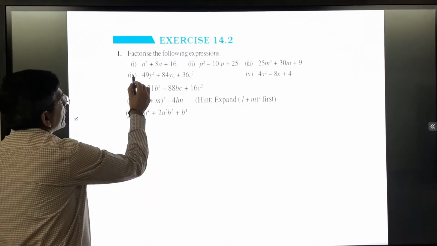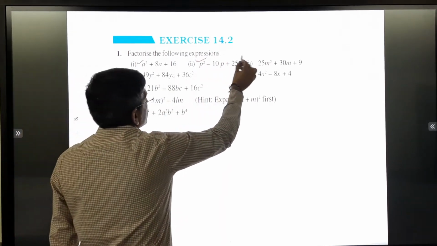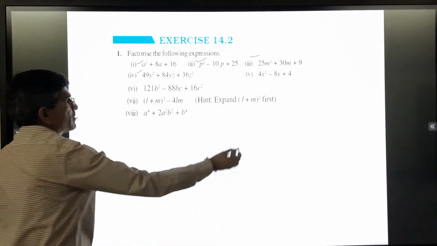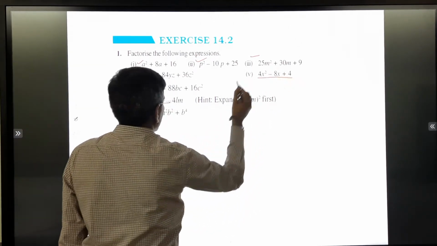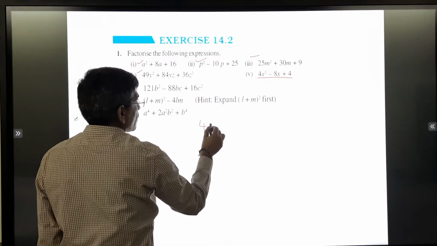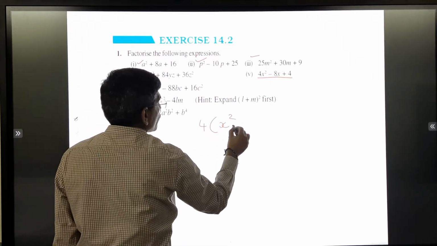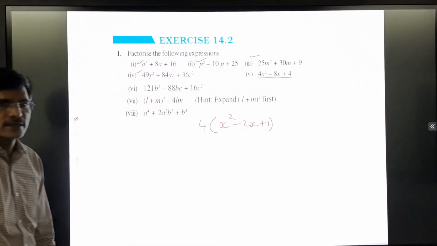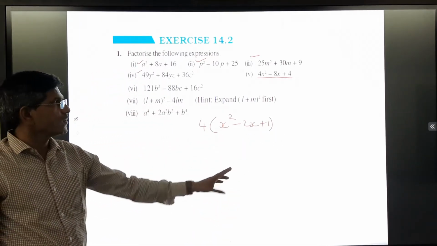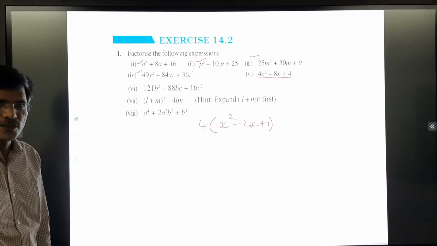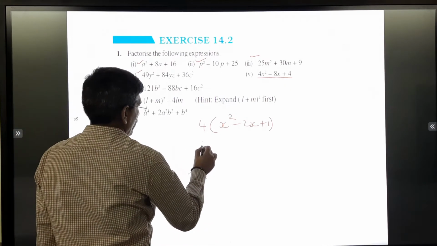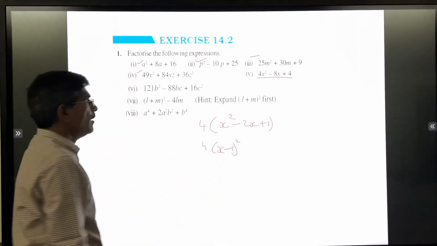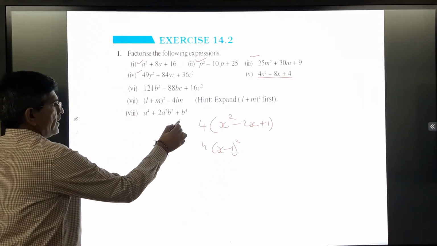So now 1 is completed, 2 is complete, 3 is complete. Try to complete the 4th yourself. Now I will explain the 5th, because in the 5th question there is one common term, so I have to take it out first, then we can discuss it. So I take 4 outside: x square minus 2x plus 1. It is a perfect square of x minus 1 whole squared. That is question number 5.